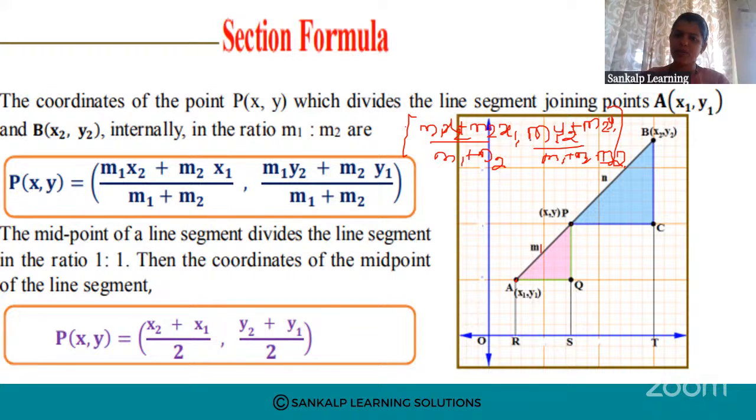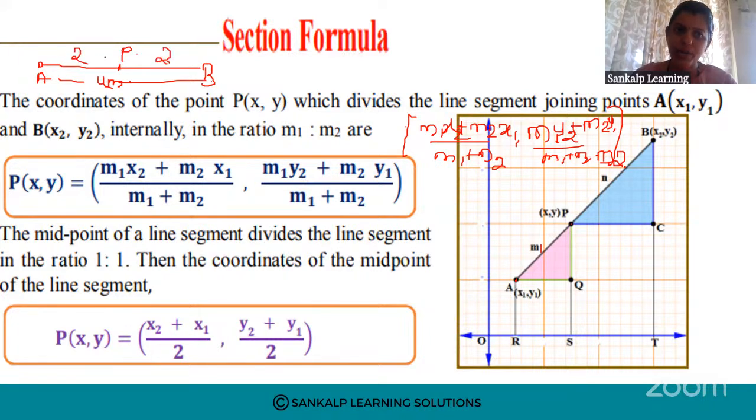So this is the section formula. See, if we consider AB is the line which is having distance 4 meter, in between, point P is there. Now this P divides the line in the ratio 1 is to 3.